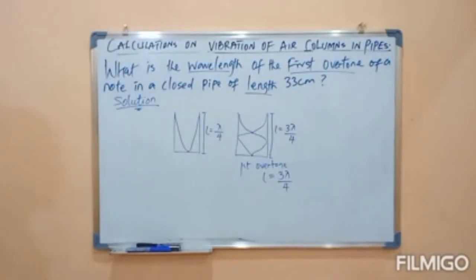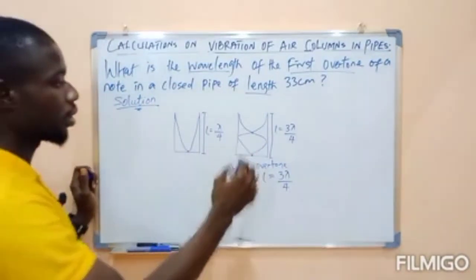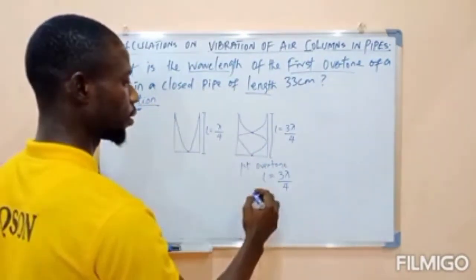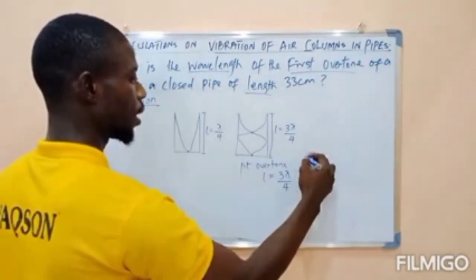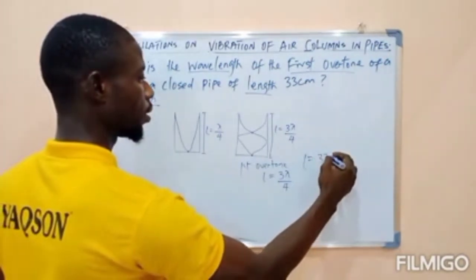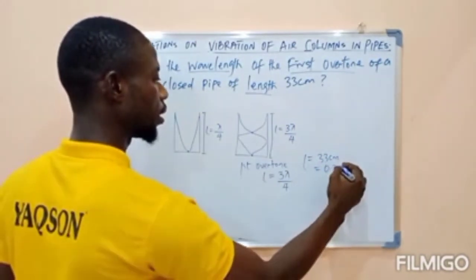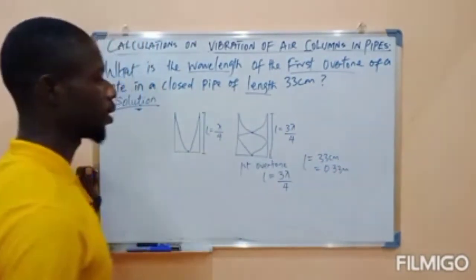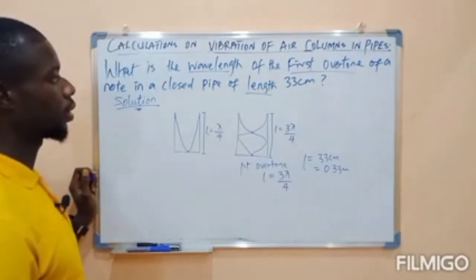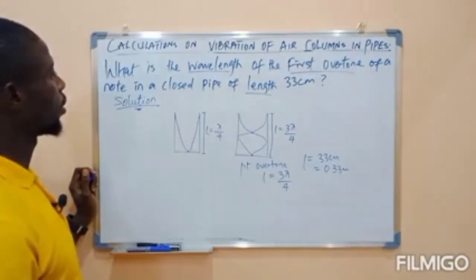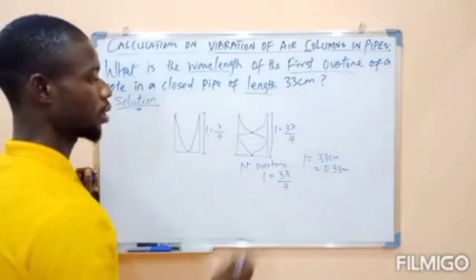Is that clear? In this case, we are given that the length L is equal to 33 centimeter, which is equivalent to 0.33 meter. That is all.